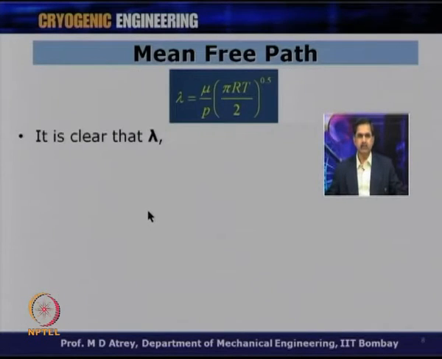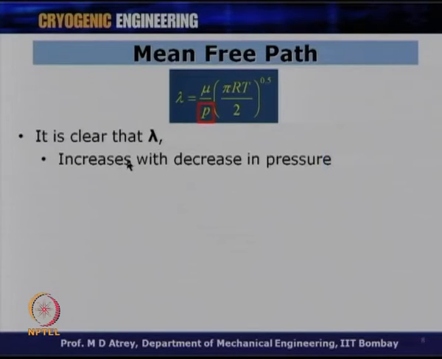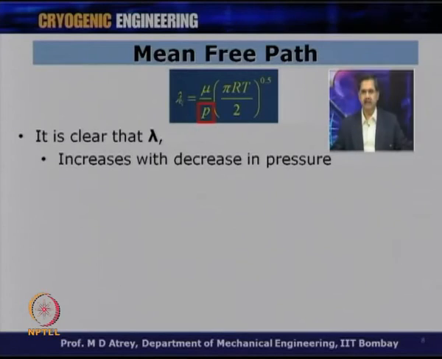Also, we understand from this that lambda increases with decrease in pressure. So, as the pressure gets reduced, the value of lambda increases. That means, the path between two collisions starts increasing, which is understandable, because as the pressure gets reduced, the number of particles will get reduced.